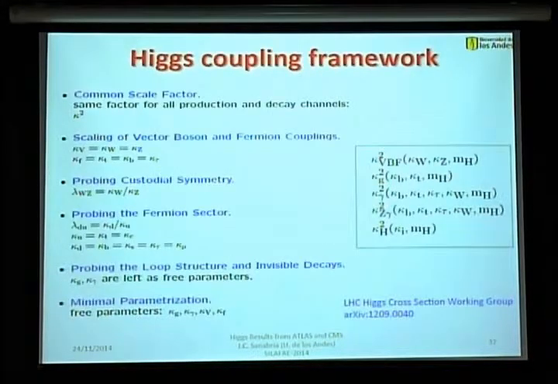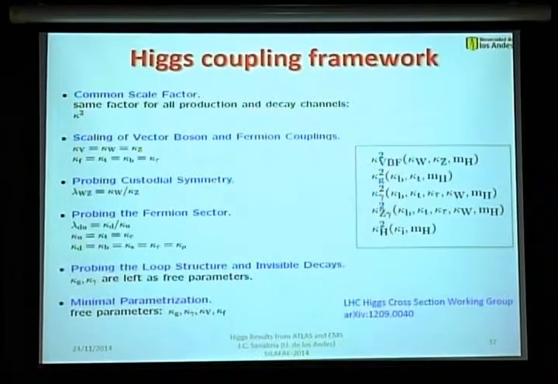And also, within this framework of kappa deviations from couplings, which sometimes people refer to simply as couplings, some benchmarks were defined in order to investigate the nature of those deviations in relation with particular features of the physics that should be behind them. Here, this "proving custodial symmetry" should be in quotations, okay? But then you can group those couplings in different sets.